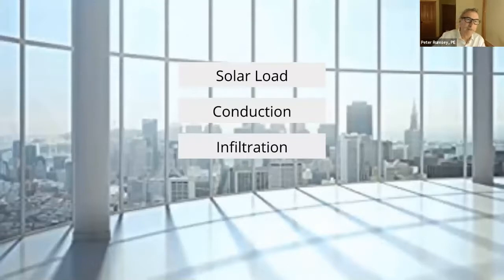Now, there are buildings, especially residential or single family homes, where we have operable windows, and in some climates or some times of the year, it might be nice to have operable windows, especially in the evening when it gets a little cooler and you can get the airflow through the house and start feeling comfortable just with natural ventilation. So that's a case where infiltration doesn't matter. But generally in commercial buildings, we try to keep it relatively tight.